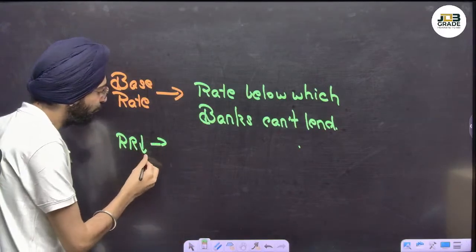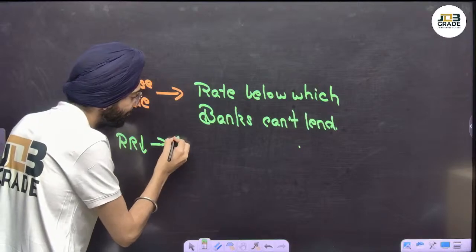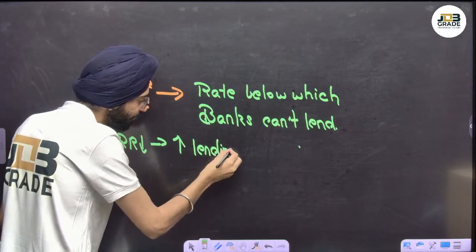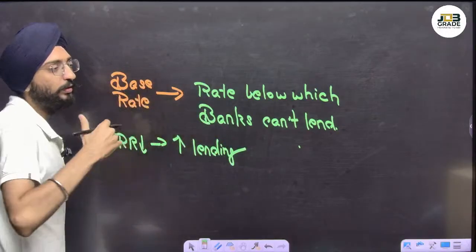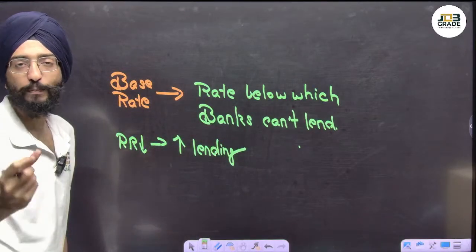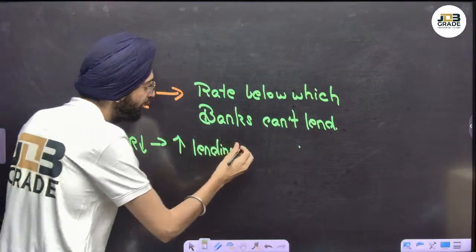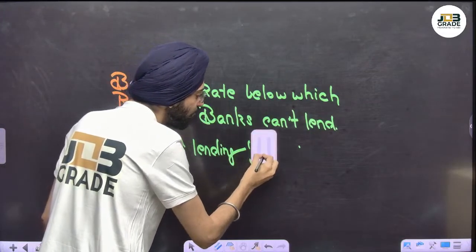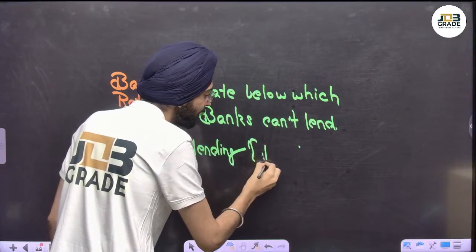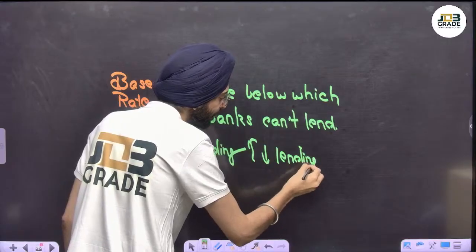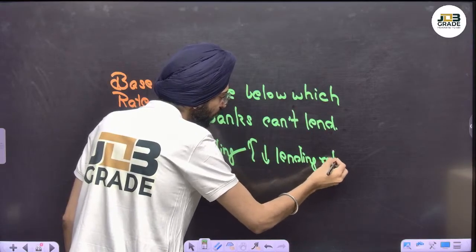A lower repo rate involves higher lending. And of course, that's simple demand and supply: if a bank has a lot of money, there is a lower lending cost, there is a lower lending rate.